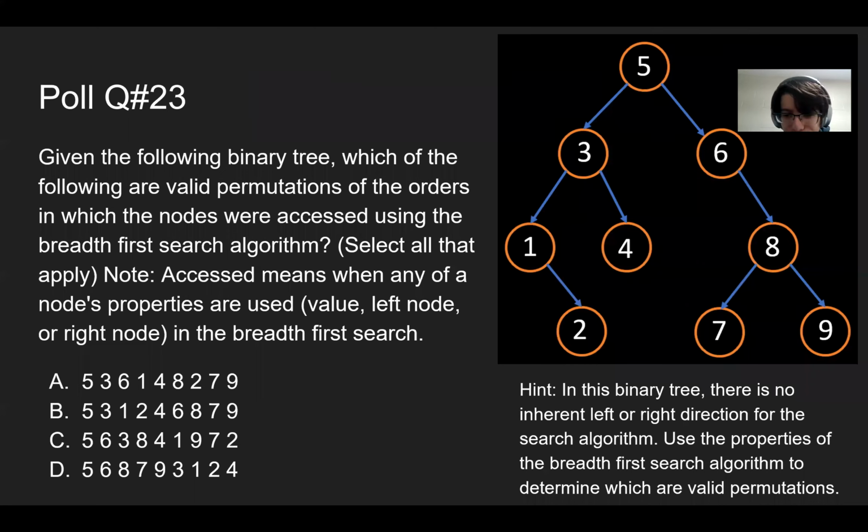Breadth first search, if you remember, is really just level order traversal. So for level order traversal, we're going to start at 5, so all of these have 5. Then we have the option to go left or right, but let's go this way first. So let's say we go 3, 6, 1, 4, 8, 2, 7, 9.